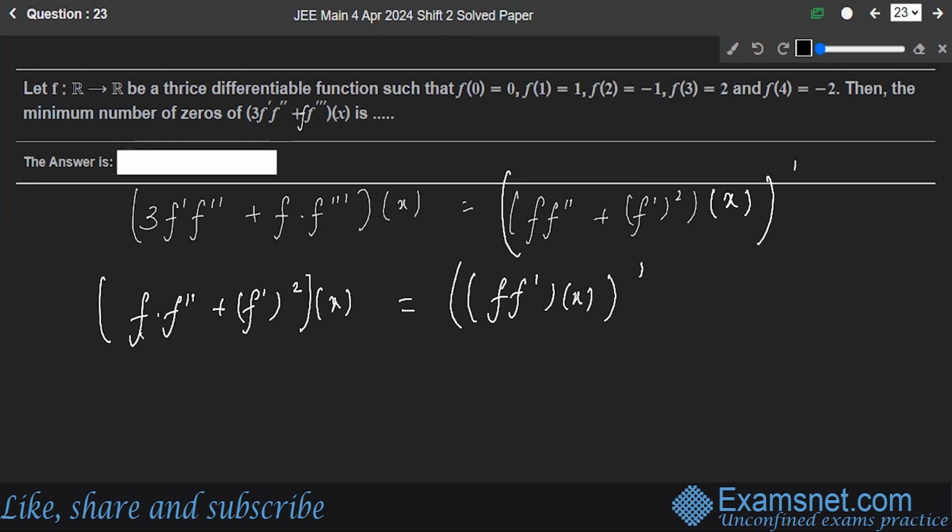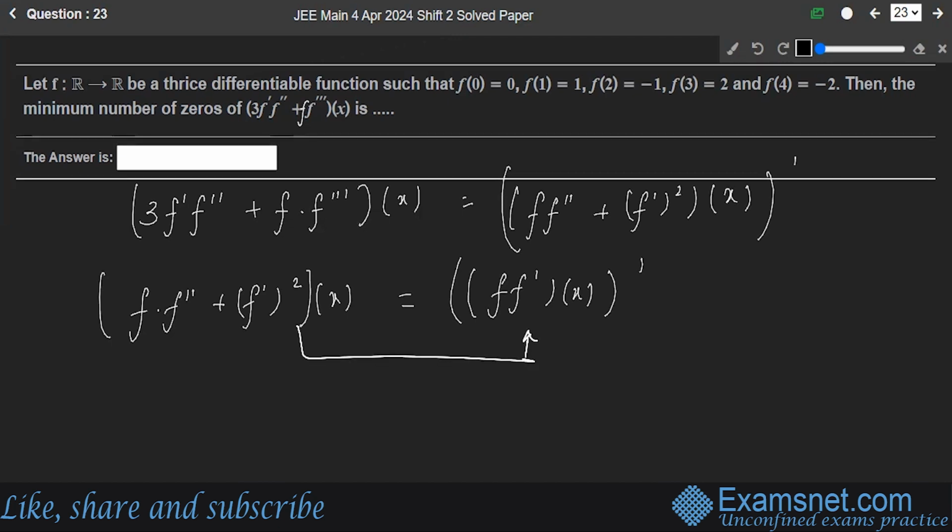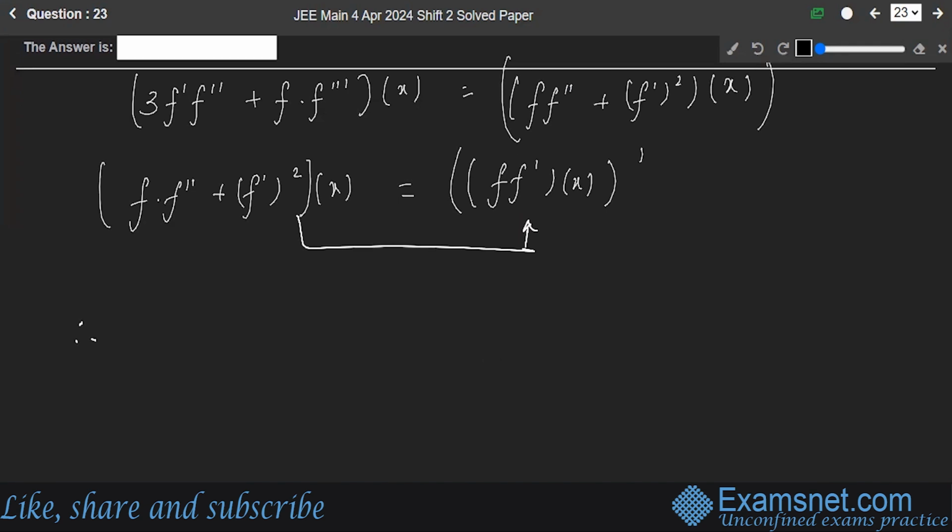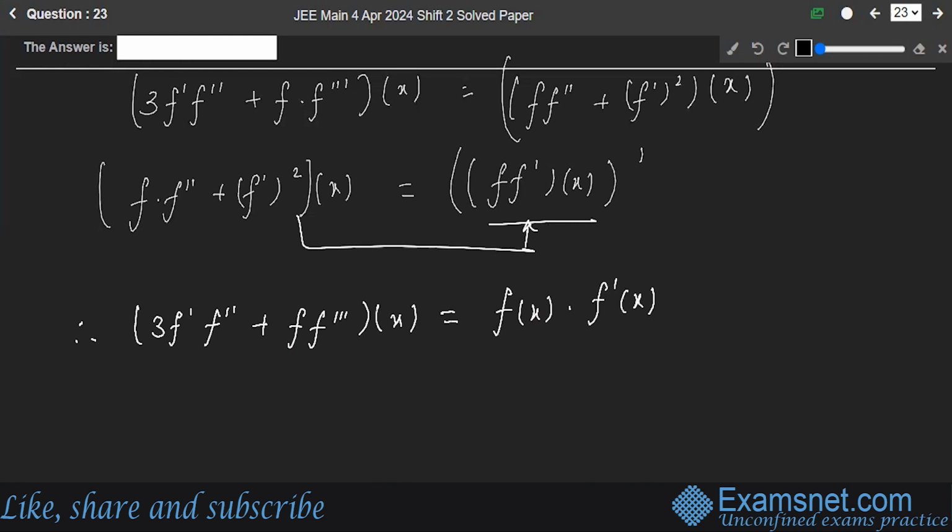This function is the derivative of this function. I hope you have done so much practice that you can easily find out this is the derivative of this function. So now, therefore, you have 3f dash into f double dash plus f into f triple dash of x is actually the second derivative of f x into f dash x.